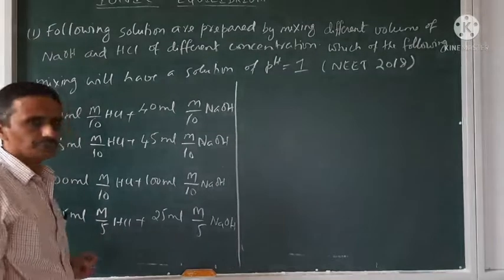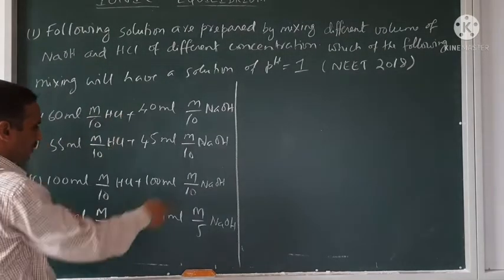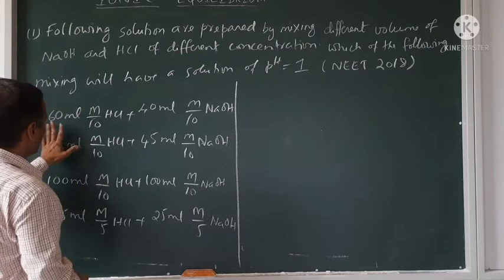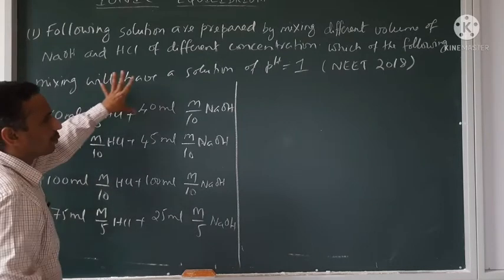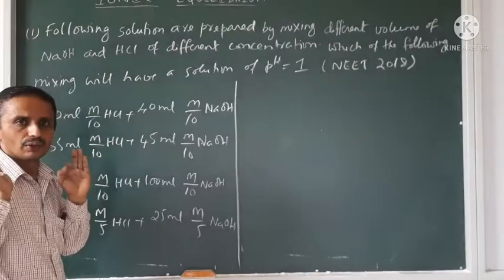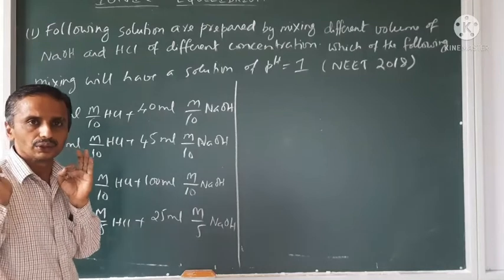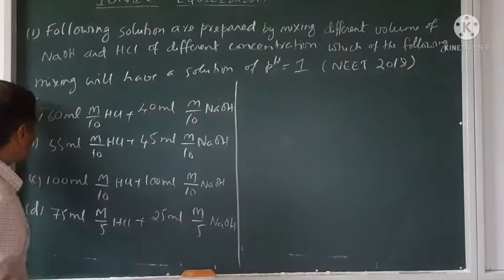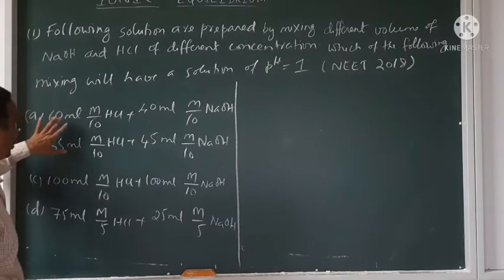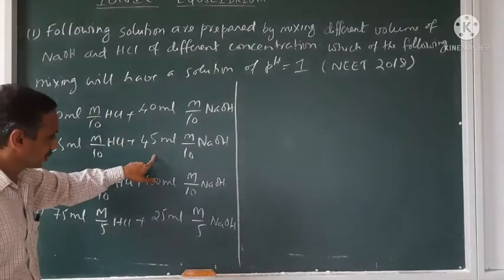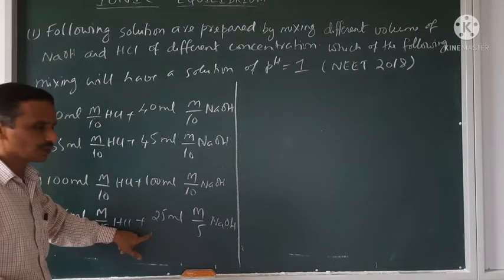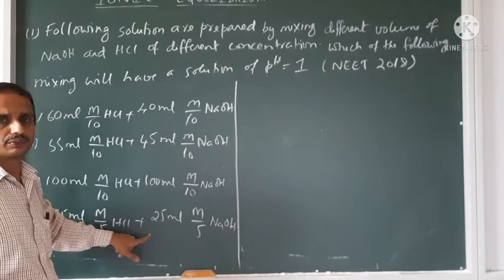First, what to do? See, one by one we'll see what is the pH of this solution, what is the pH of this solution, what is the pH of this solution, what is the pH of this solution.